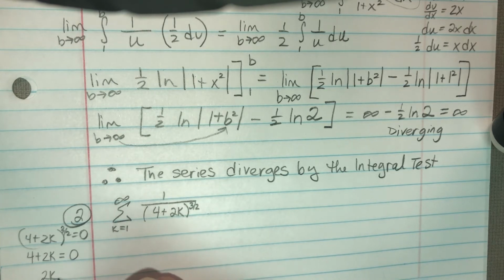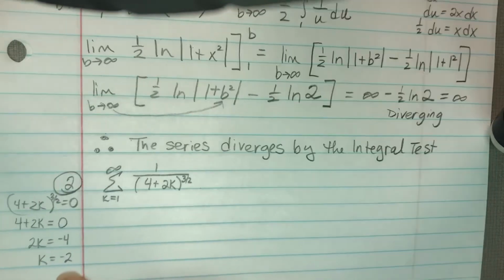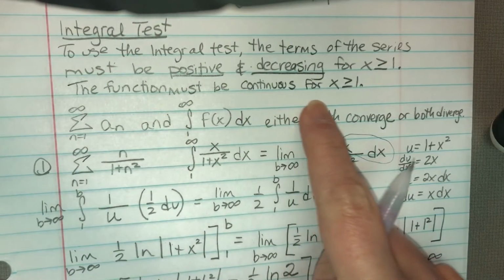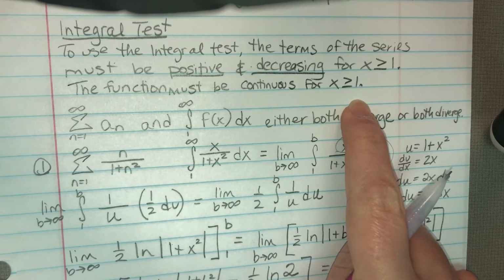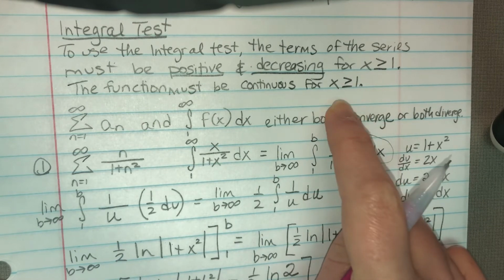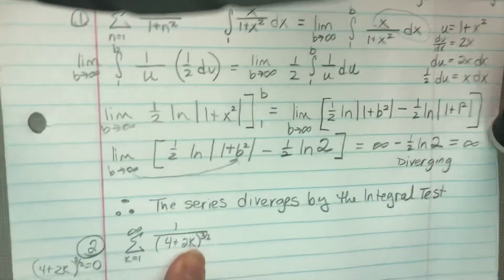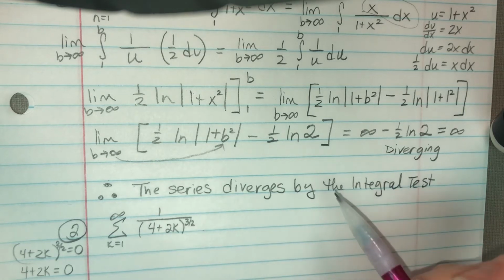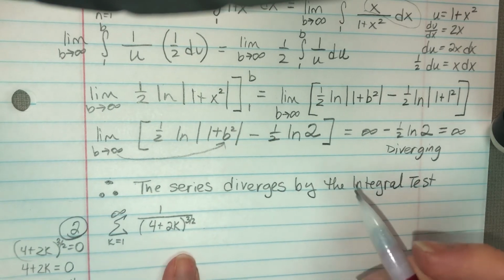Subtract 4 on both sides, that's -4. Divide by 2 on both sides, -2. It does have a vertical asymptote, but when k is -2, and here we're saying the function must be continuous for x values greater than or equal to 1. So for any k value that I would have greater than or equal to 1, this thing will be continuous. So I'm cool to use the integral test on this problem.